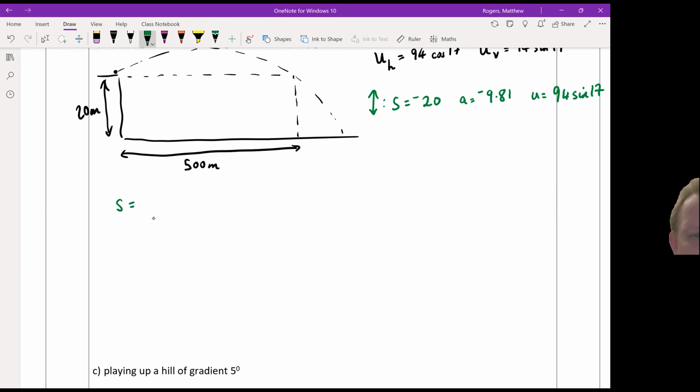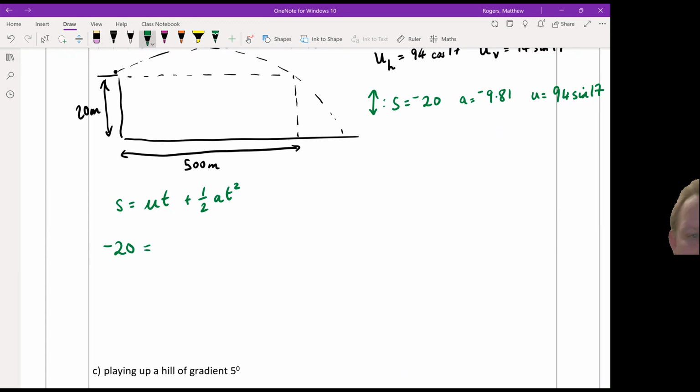We say S is equal to UT plus a half AT squared. Because of the way U is written, we're going to end up with something a little bit messy looking. We're going to end up with a quadratic in T that we then need to solve. So let's put our numbers in and do a little bit of rearranging. Really important to be careful with signs here, or it's easy to make a mistake.